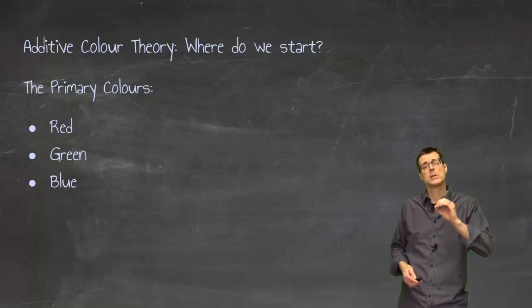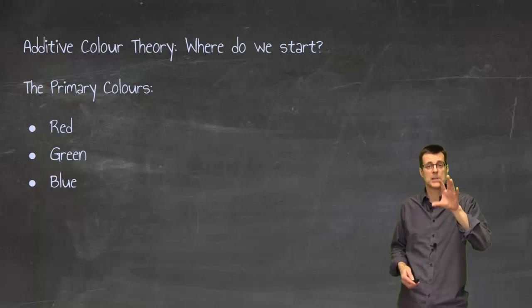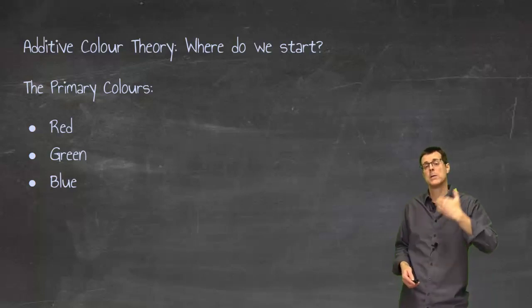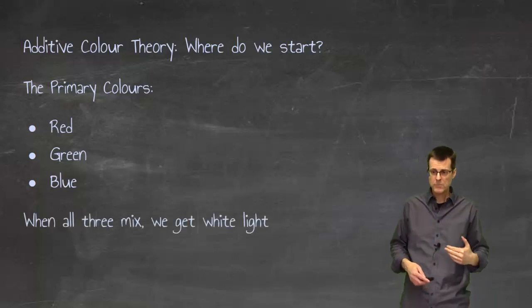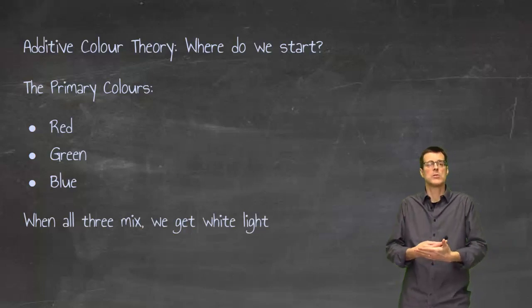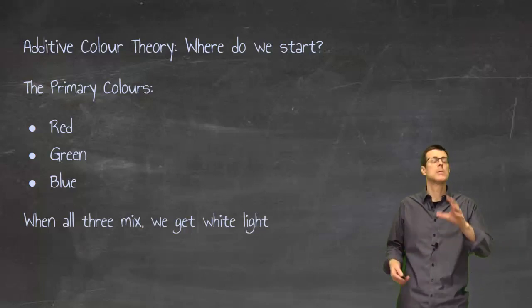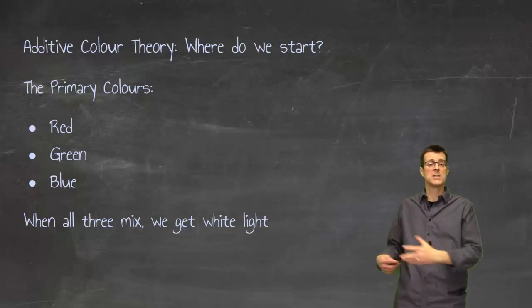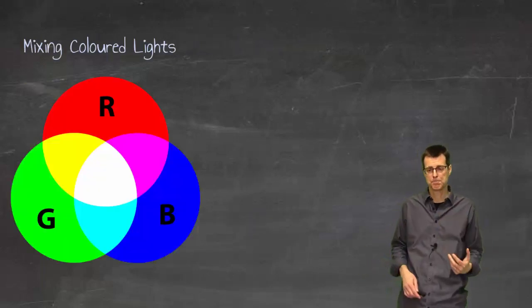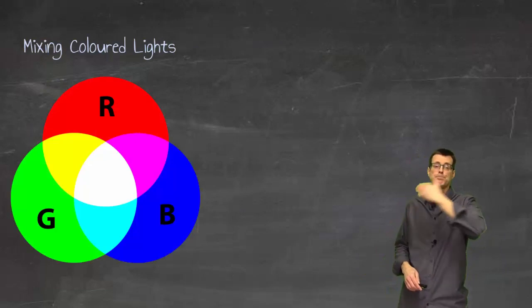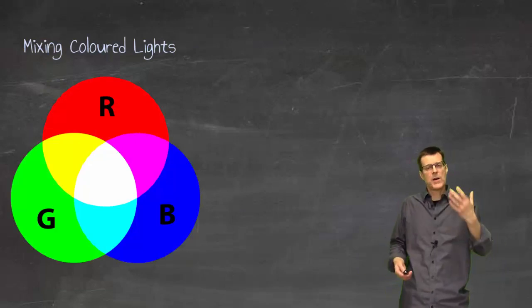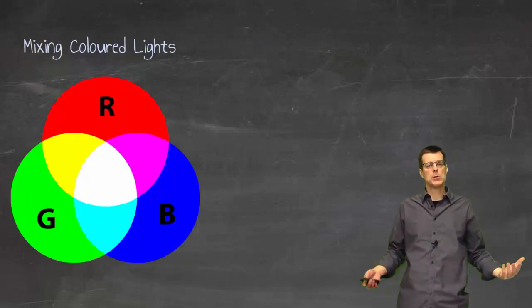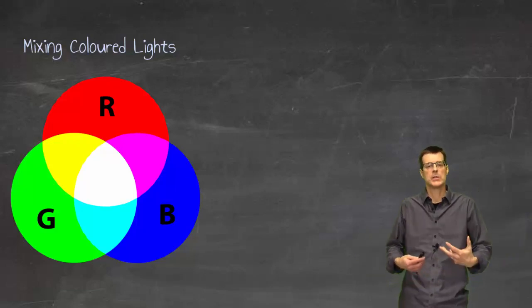But the primary colors of light, shining light of different colors, are red, green, blue. And when you mix all 3 of those, you get white light. And again, you might be thinking, we're talking light instead of pigments. And that's important. Okay, so if I had a red flashlight, a green flashlight, and a blue flashlight, and I mixed them all together, I would get white.